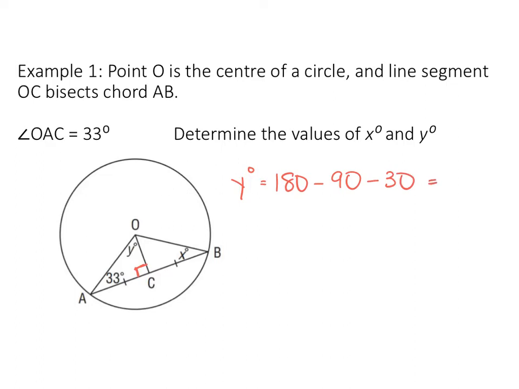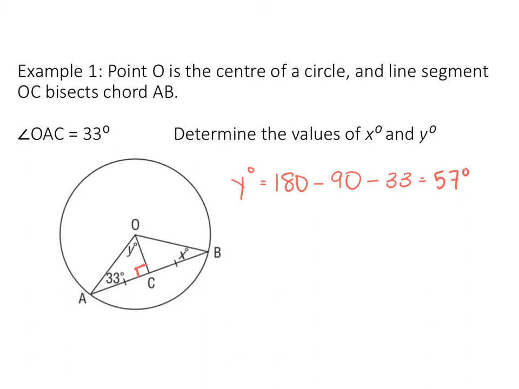So angle Y is 60 degrees. Whoa, sorry, that's my mistake. Not 30, 33. Which gives us 57 degrees. My mistake. So Y is 57.